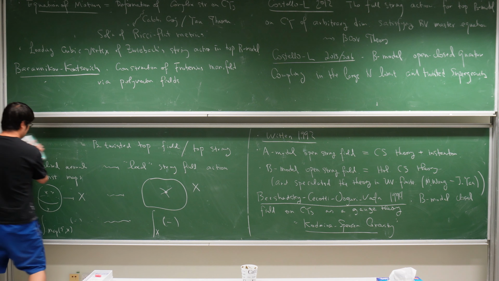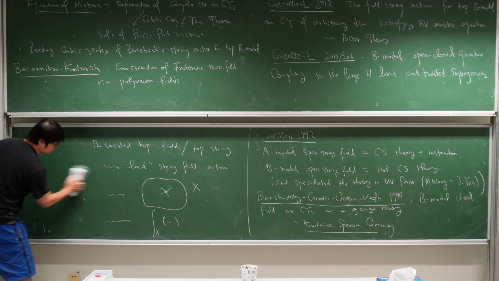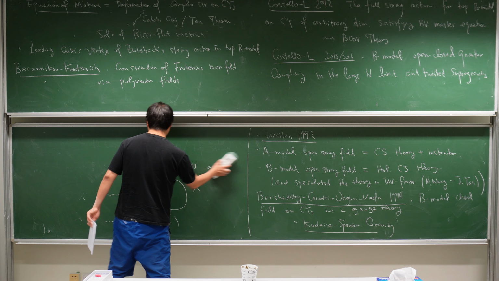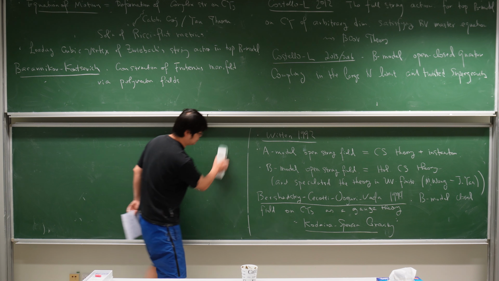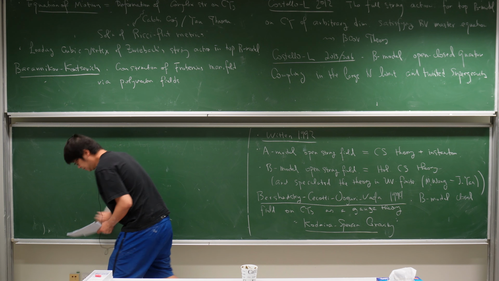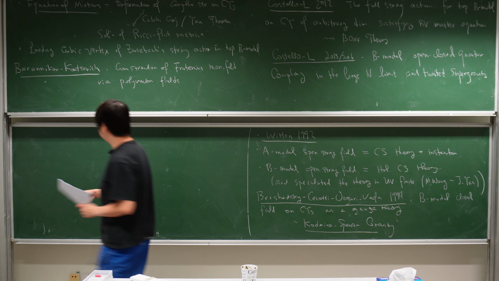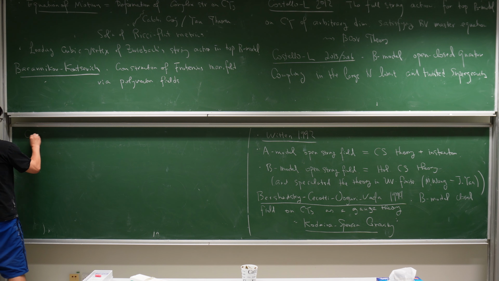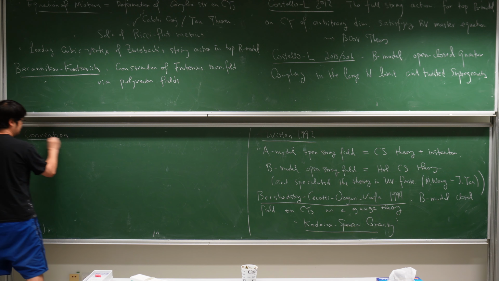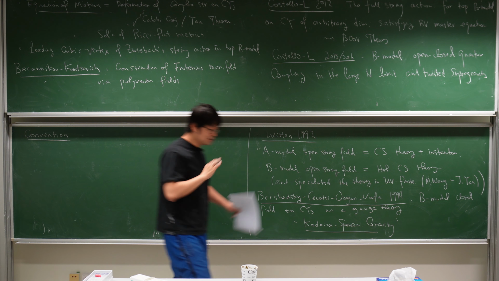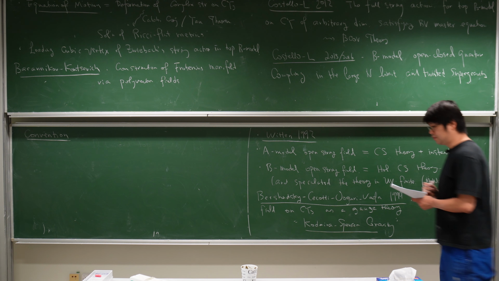So before we move on to details, let me first fix my convention that's going to be used throughout this mini course. I'm going to just write it for once, and I'm going to use it forever in this mini course.